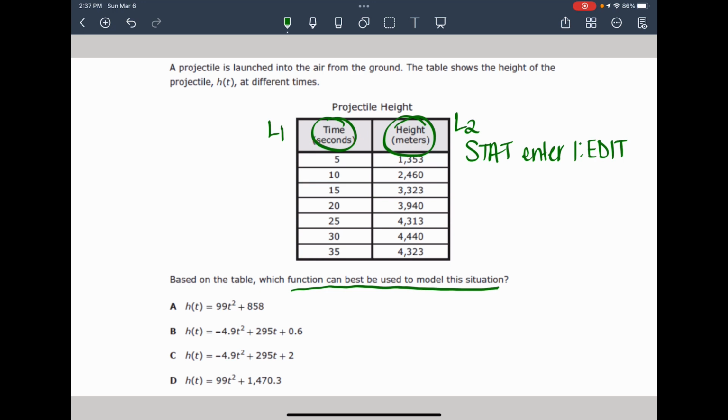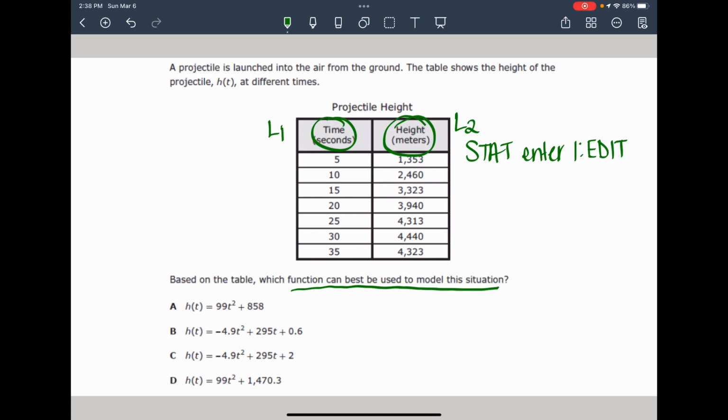Then in L1, you're going to enter these values one at a time. So you're going to enter 5, 10, 15, 20, 25, 30, and 35. Then what you're going to do is you're going to arrow over to L2, and you're going to enter all the second column into L2.